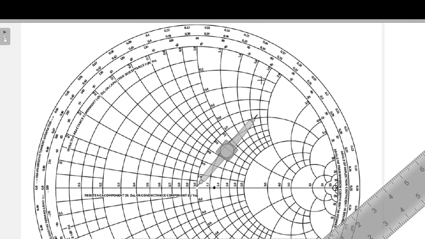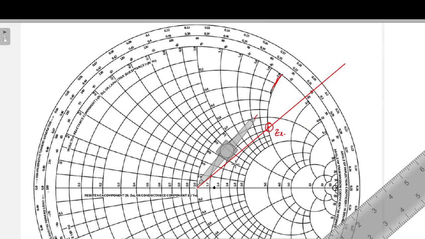So value 2 is here. Wherever this line and the 1.33 line meet, that is my required point. It will meet around here. After that you need to draw a straight line passing through that. Now this point is my load point, that is my ZL point.